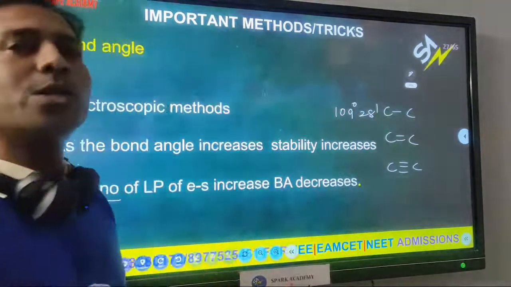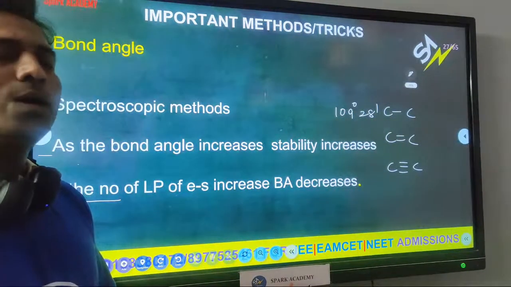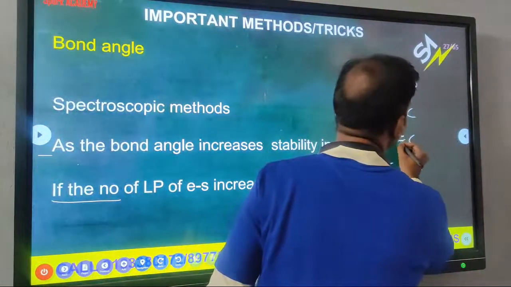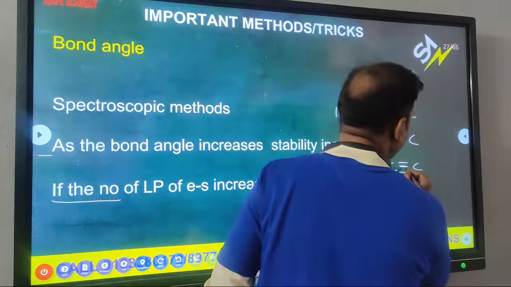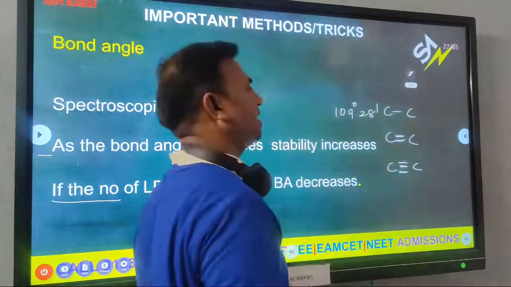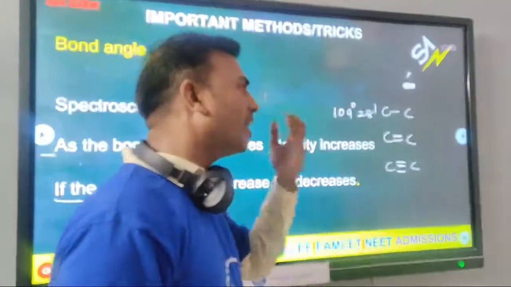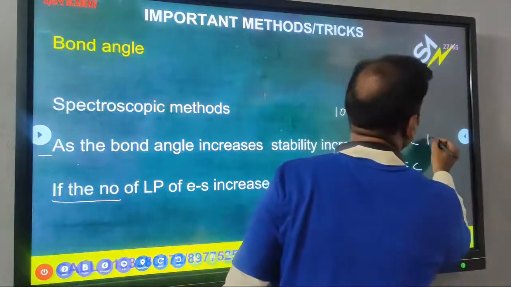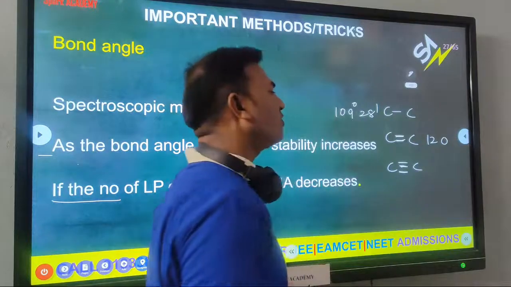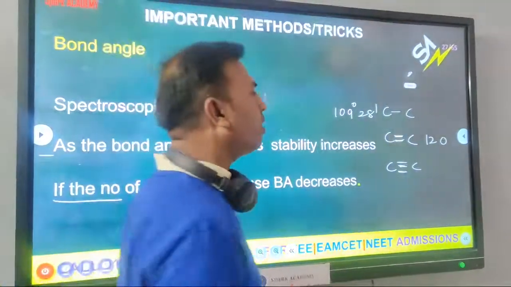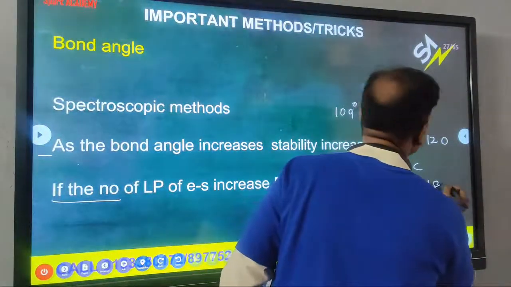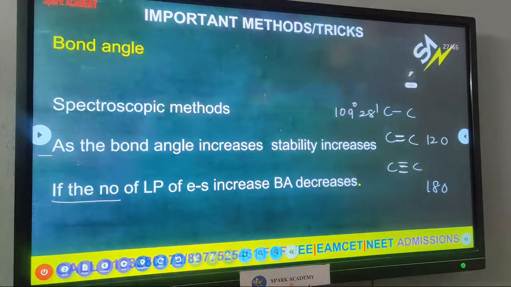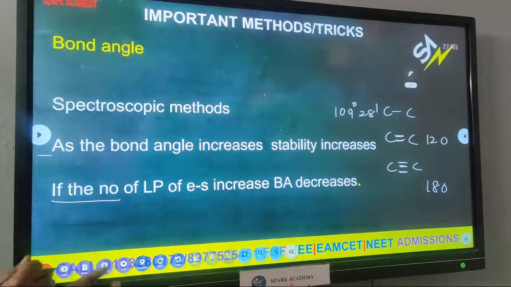What about the carbon double bond, sp2? The bond angle is 120. What about the carbon triple bond, sp? 180. As the bond angle increases, stability increases.